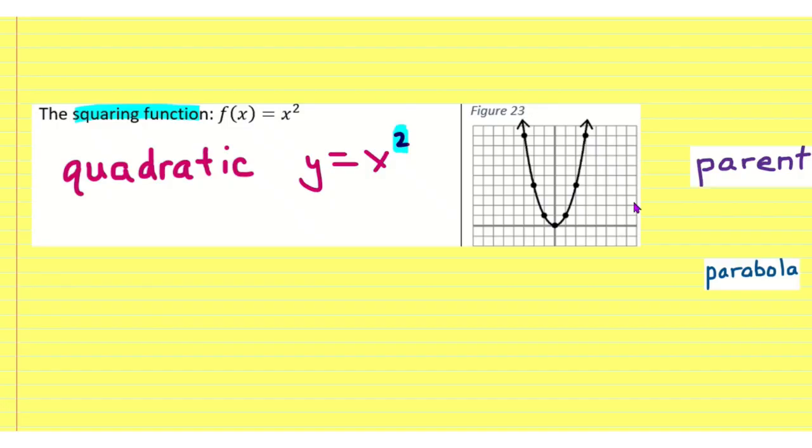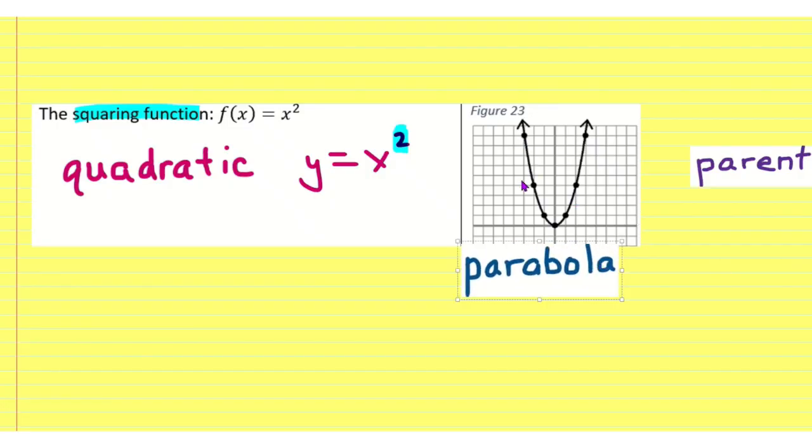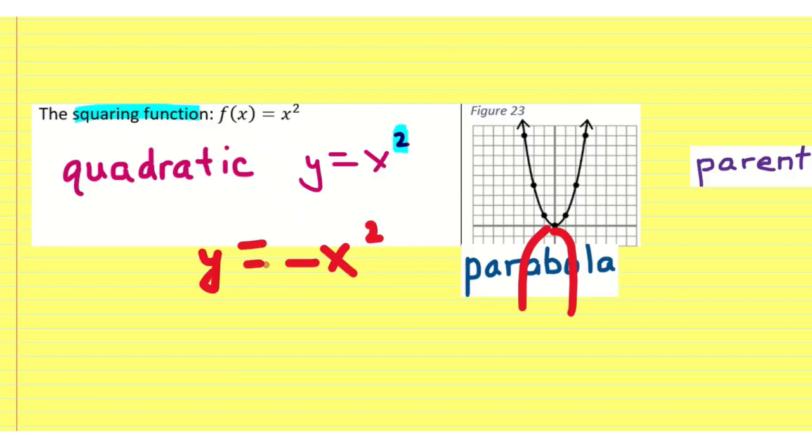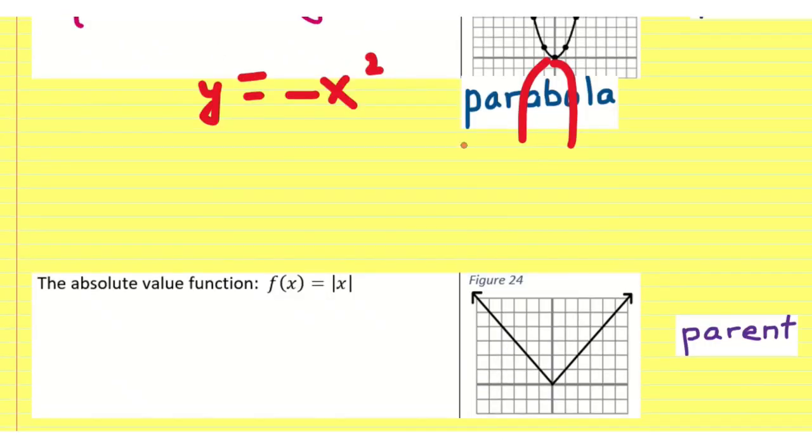And of course, the graph of a quadratic is a parabola, and the parent function is just the U-shape. It's a positive. If it was upside down, that would be a negative x squared. So those are little things that you have maybe seen about these, but hopefully you can be reminded by this video.